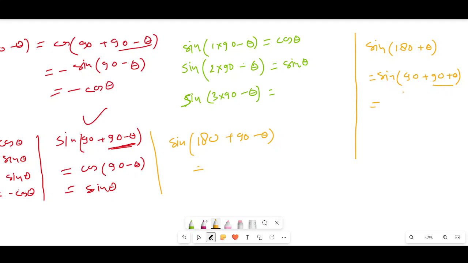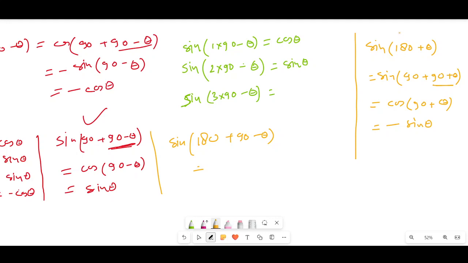Now cos 90 plus theta, we are entering the second quadrant, where cos is negative, so it is minus sine theta. Clear?